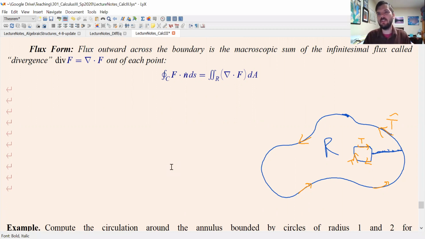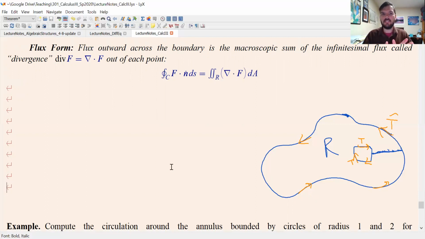There's no fancy word for flux, except flux is usually measured all the way across a boundary, and if we only do a part of the flux, we usually call it a partial flux. So I guess there's like work and circulation and partial flux and flux. It's not very tidy, is it? Okay, it's what we have.